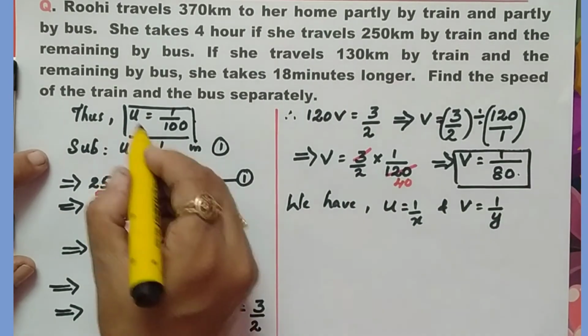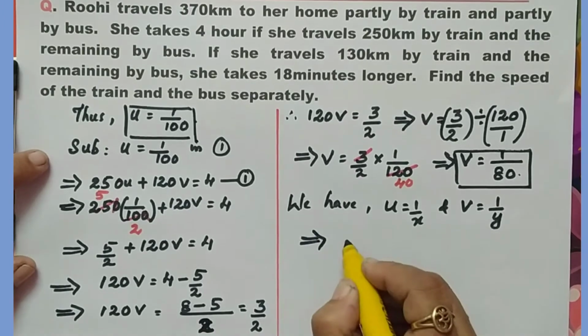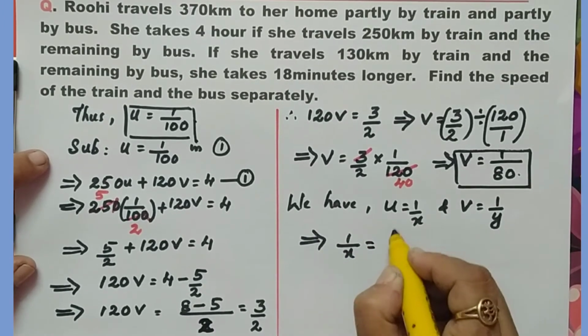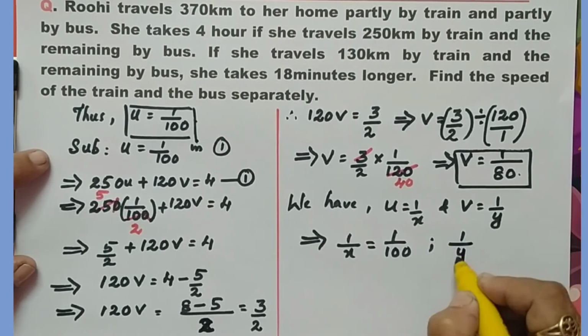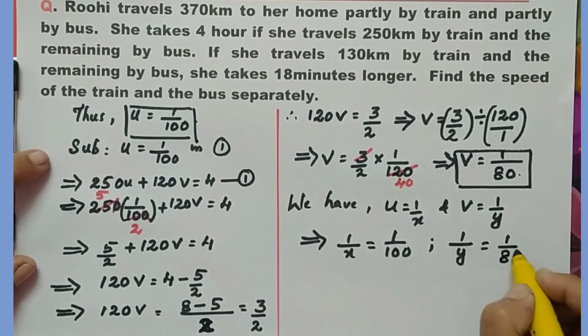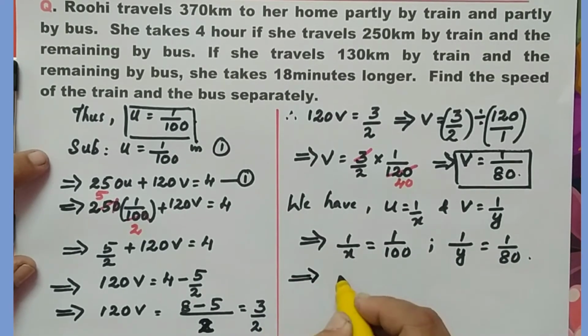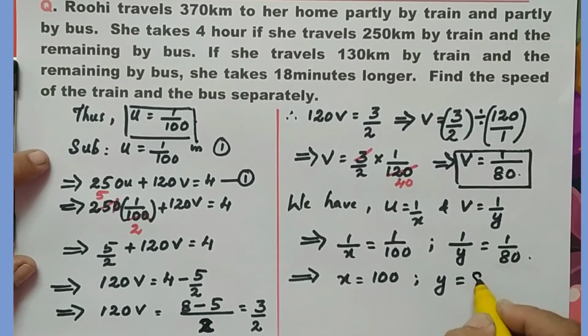What is u? U can be replaced with 1 by 100. So 1 by x equals u. What is u? U equals 1 by 100, and 1 by y equals v. What is v? V equals 1 by 80. Taking reciprocals you get x equals 100 and y equals 80.